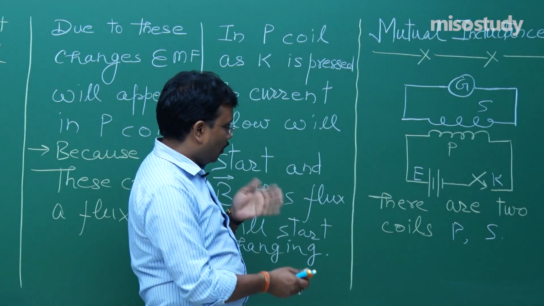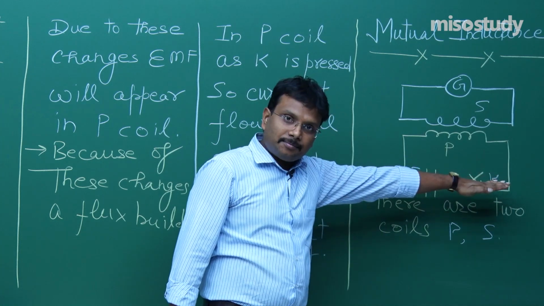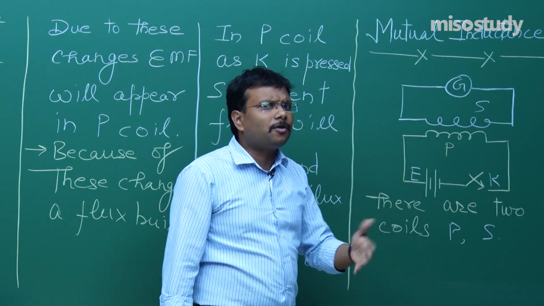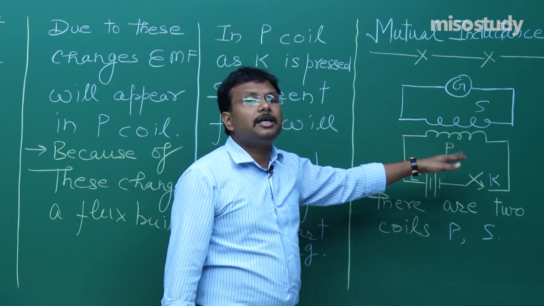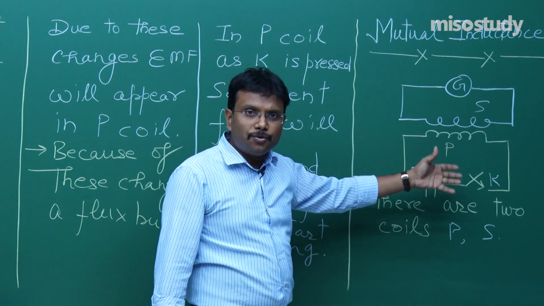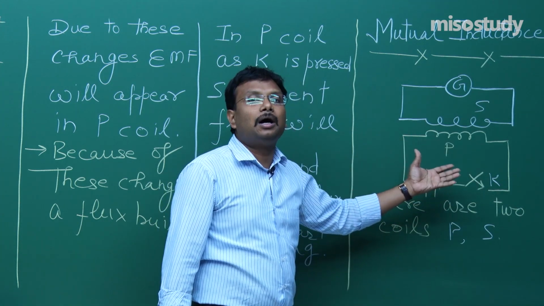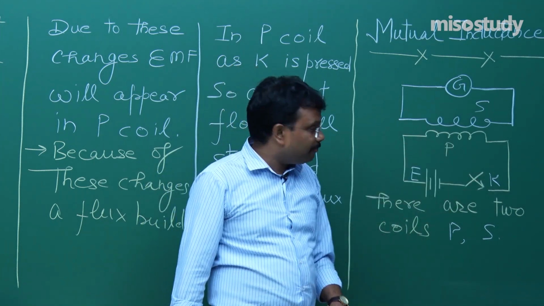See what is happening. Just listen. Key pressed, current flow started, flux change will take place because of the change in intensity of the magnetic field. Accordingly, EMF will come into picture, induced current will come into picture. It will start opposing the increment in the current flowing in this primary coil.